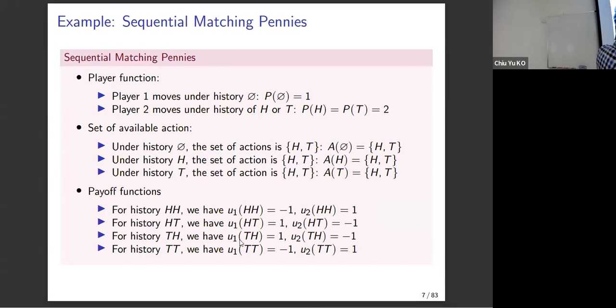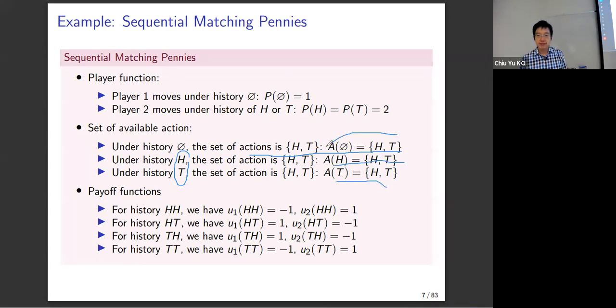And the player function tells you that under the null history, player 1 will move, and under the H or T history, player 2 will move. And what are the actions? Under the null history, which is player 1's move, player 1 can choose head or tail. And after H or T, player 2 can also choose head or tail.